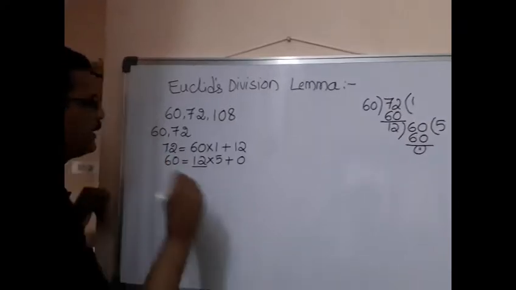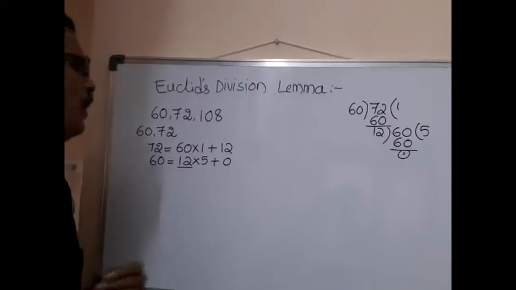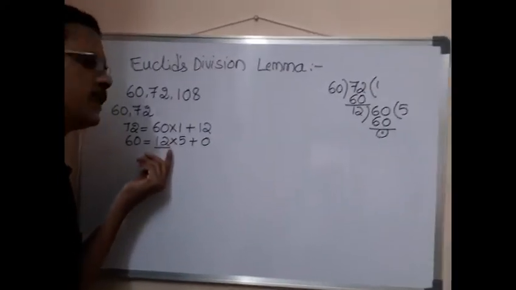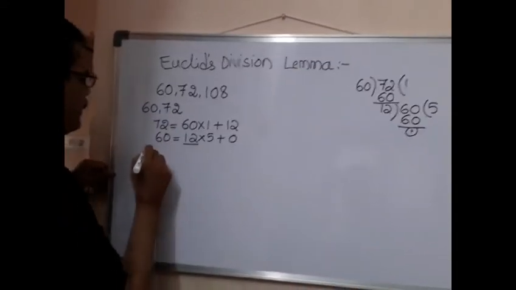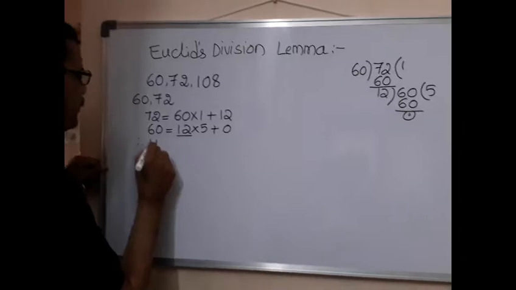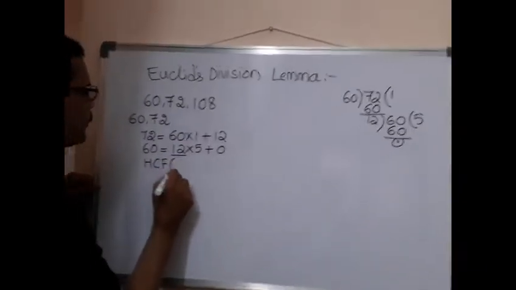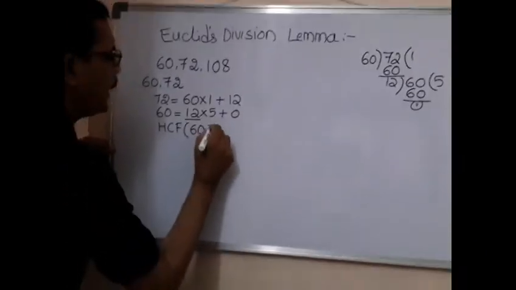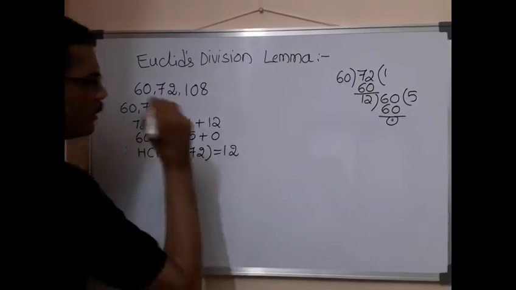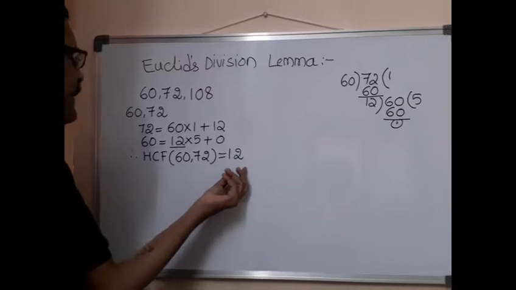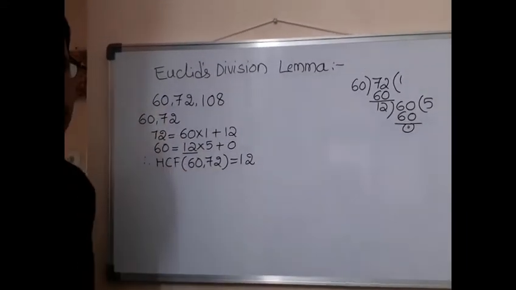Here this 12 is the HCF of 60 and 72. Therefore HCF of 60 and 72 is 12.